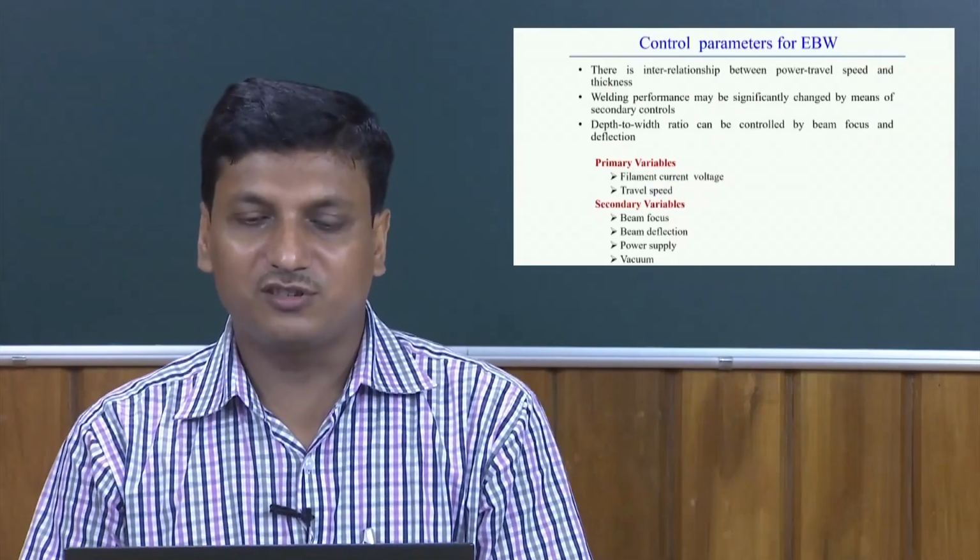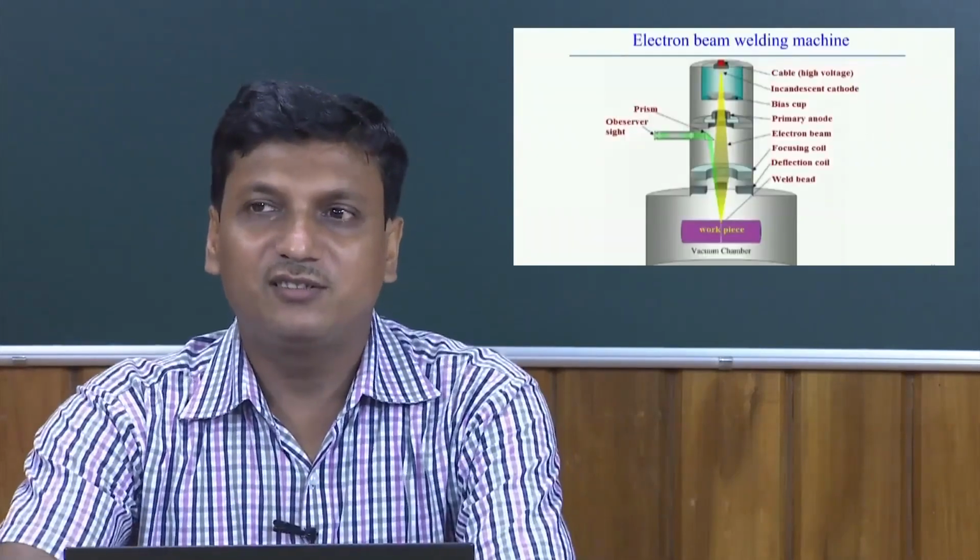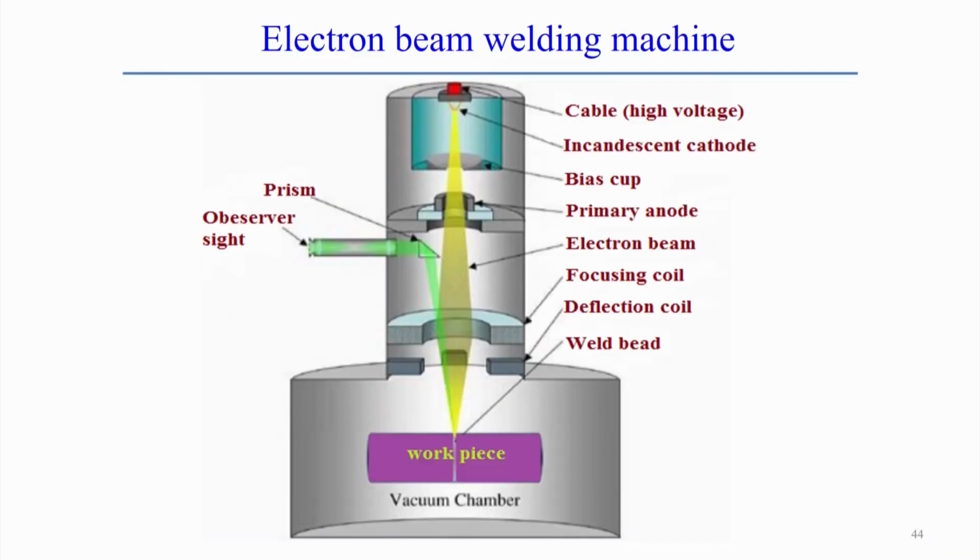Now, we can see a typical electron beam welding machine. What are its typical components? Here you see the cable, then the high voltage is applied, then the cathode that emits or generates the electrons, and the bias cup that helps to accelerate the created electrons.